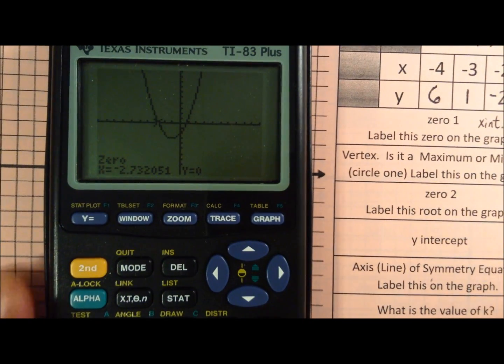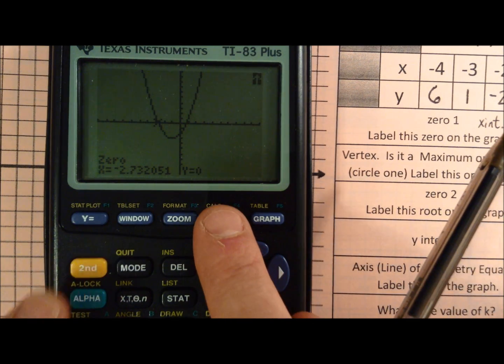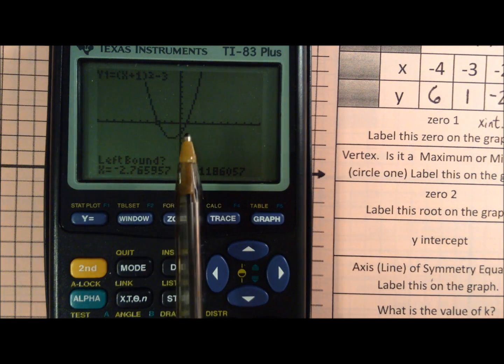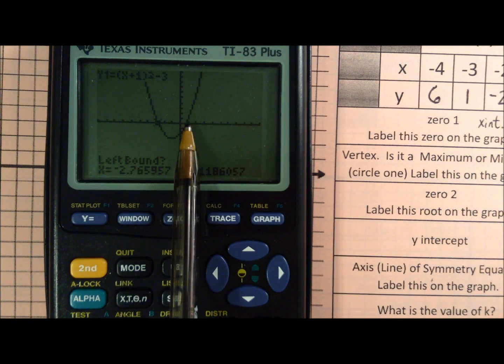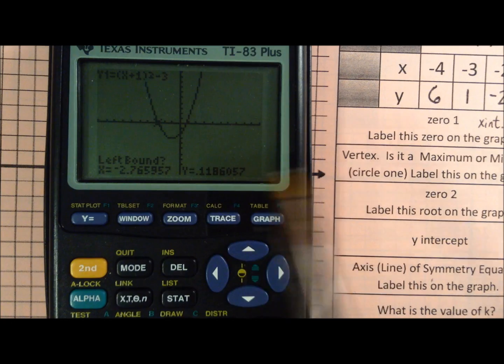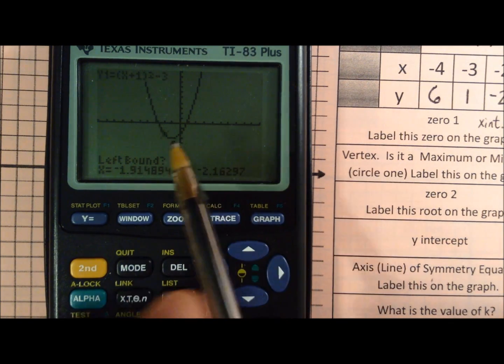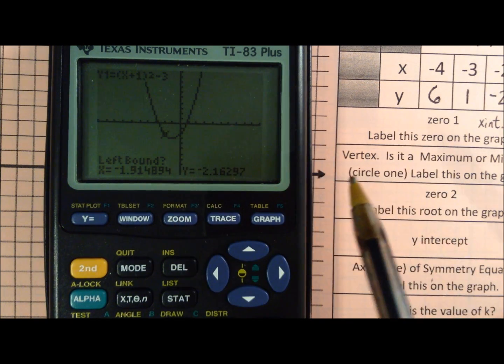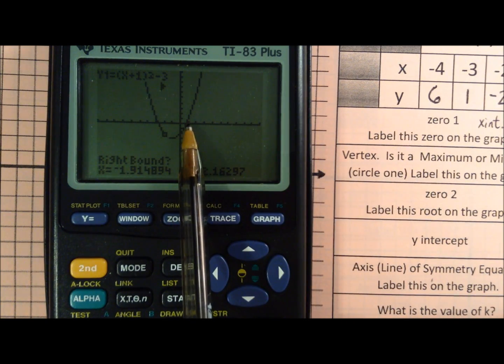So let's go for the other. Same keystroke, second, trace, 2. But now I'm going to be targeting this x-intercept. Is my cursor to the left of my pen point? Sure it is. Press enter. Now the calculator says to go to the right.